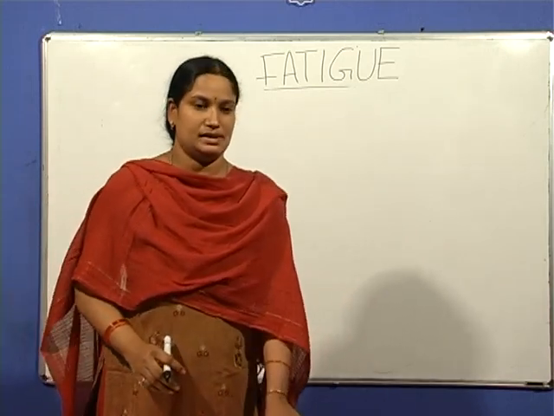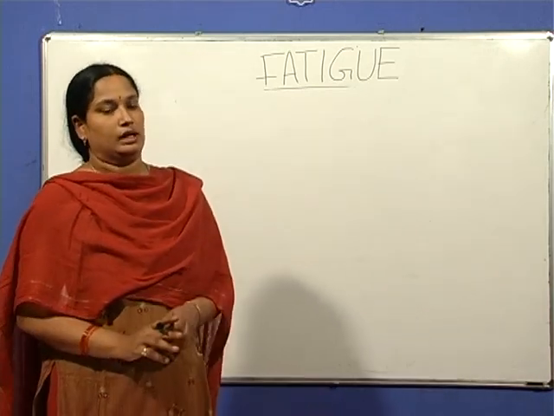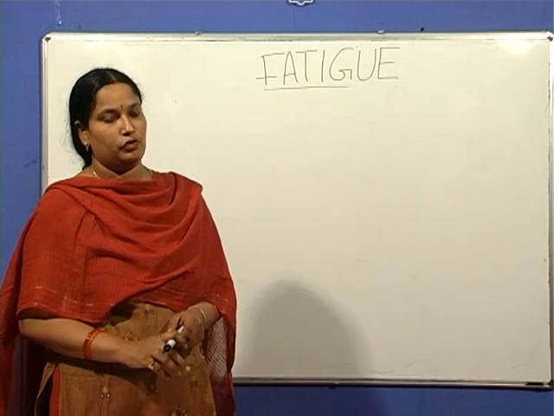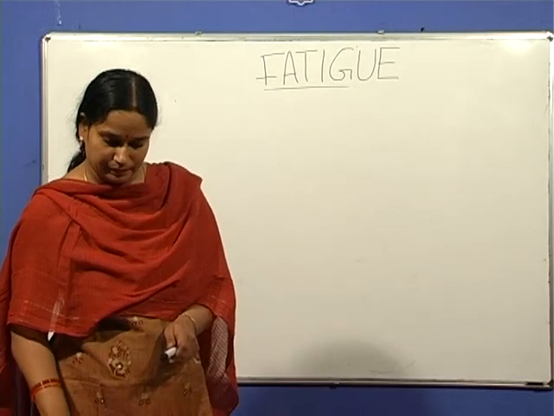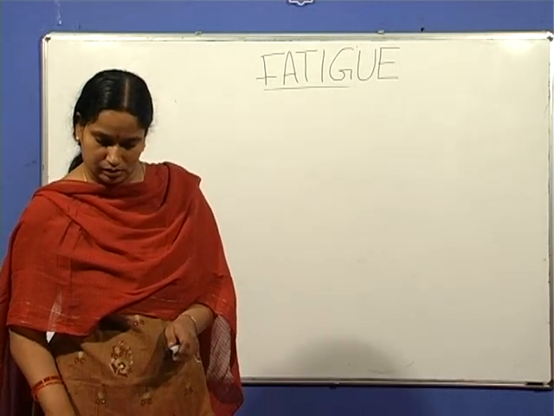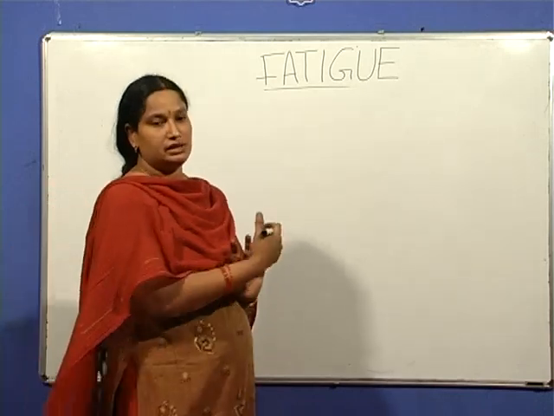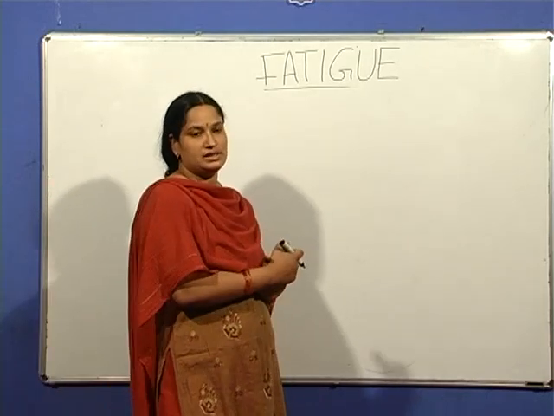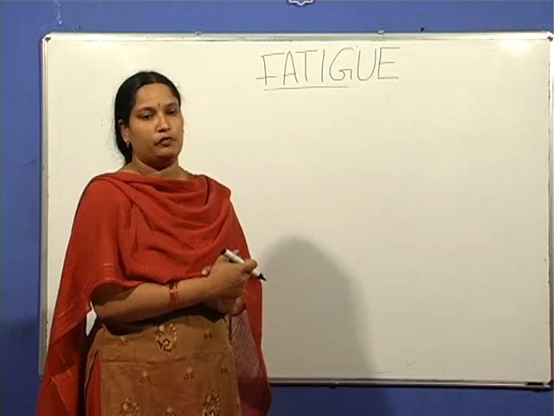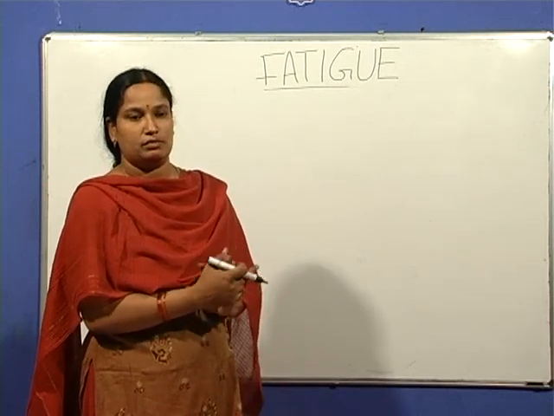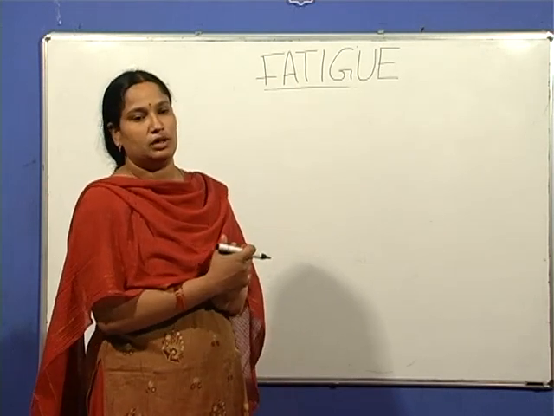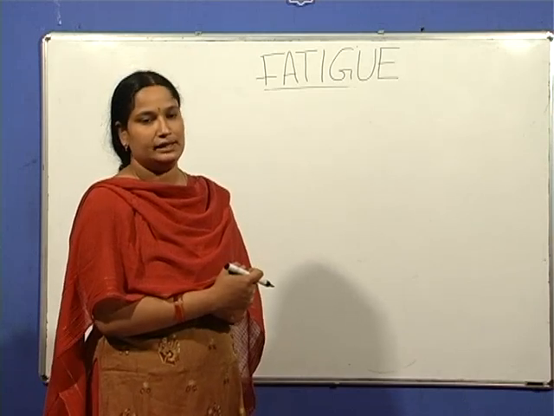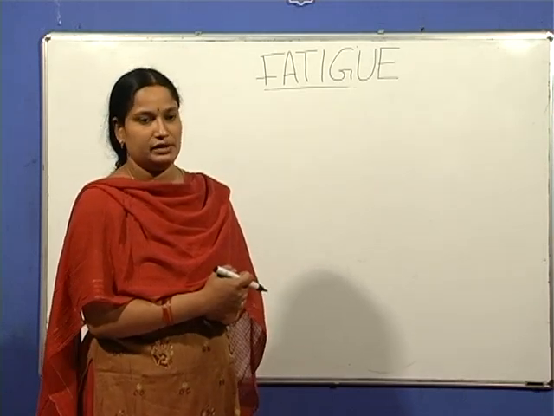So one can estimate the life of a component. Combining these two equations, one can estimate the fatigue life of a component for the case of a combination of high cycle and low cycle fatigue.